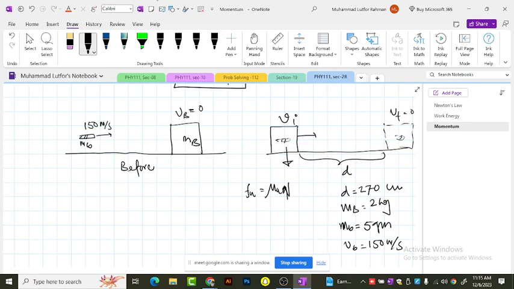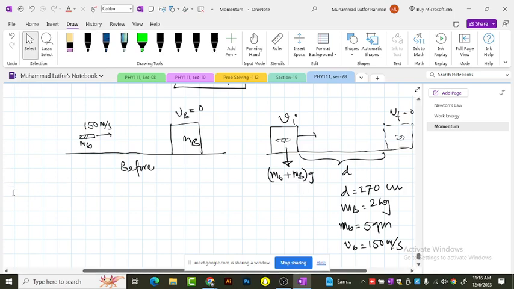If I draw the free body diagram, this is the gravitational force, which is downward, and in this gravitational force we have both the bullet mass and the block mass, right? We have to consider both masses, the mass of the bullet plus the mass of the block, because they stick together. Stick together means this is a completely inelastic collision, right?